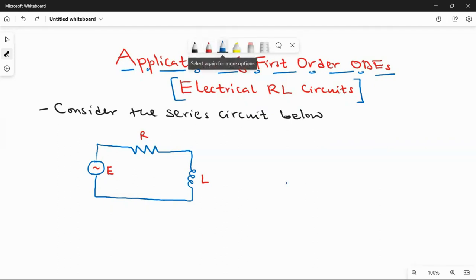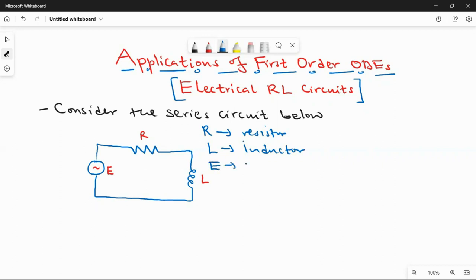resistor. R here denotes resistor, L denotes the inductor, and the E denotes the electromotive force, EMF, to mean electromotive force, e.g. battery or generator.